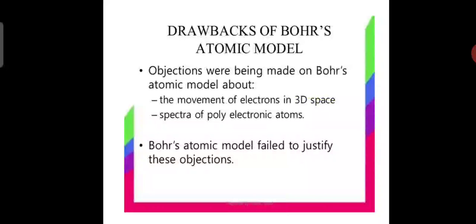Okay? In reality, it does not operate like that. So how these electrons are distributed and moving outside the nucleus was still questionable during this time. So Bohr's atomic model failed to justify these objections.